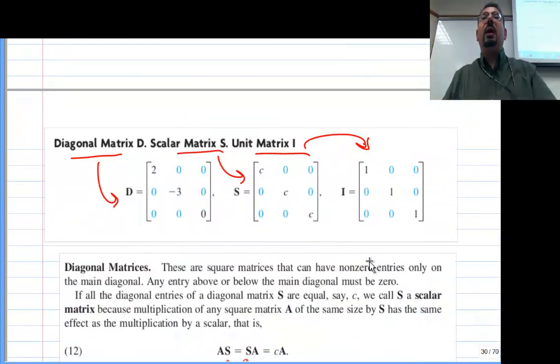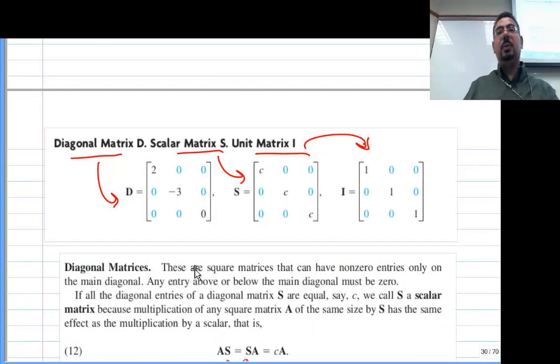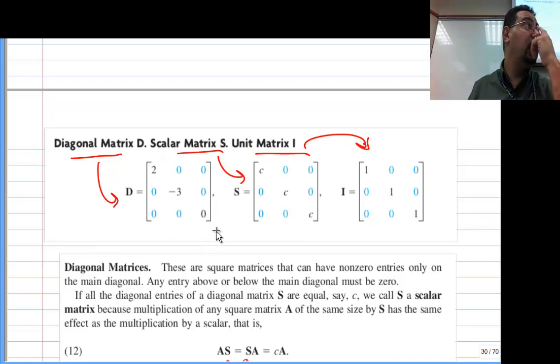More names to remember: a diagonal matrix. That's very useful in multiplication. It's really convenient to have a diagonal matrix like this. So a diagonal matrix basically has 0 everywhere except for the diagonal guys. A scalar matrix is a diagonal matrix, but with the same number, so 5, 5, 5, or 3, 3, 3.